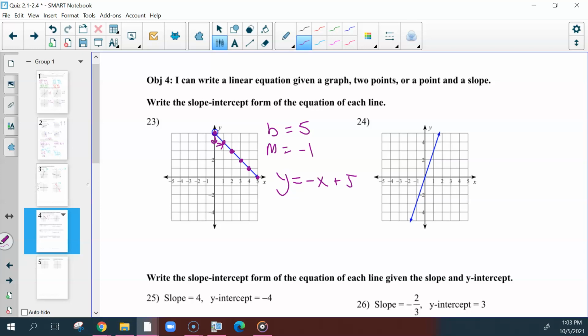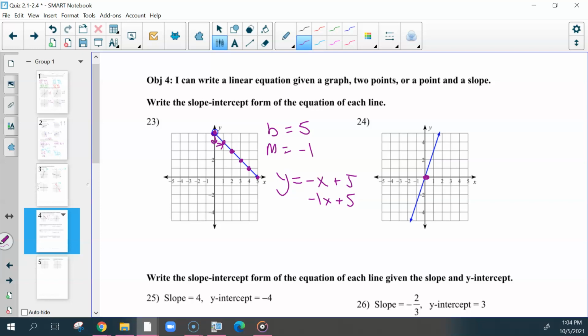24, same thing. B is your y-intercept. M is your slope. So in front of x, there's a negative 1. How did you find that on the graph? Find the negative 1, and the 5. 5 was right here on the y-axis.